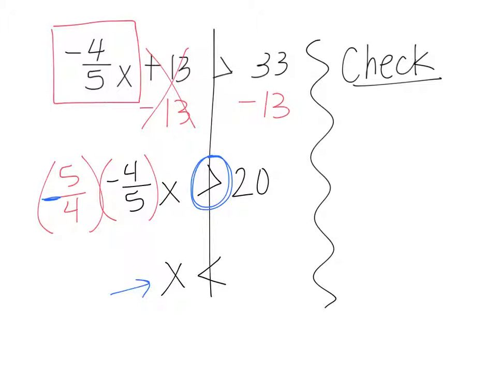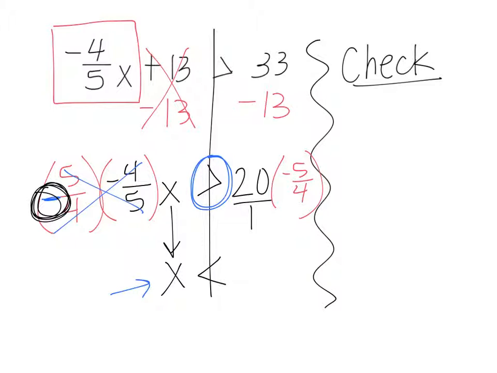So we do the same thing to the other side, times negative 5/4. Our fractions all cancel out over here. Our x is brought down like we already did because I multiplied by this negative right here. That's what caused my inequality symbol to flip. But remember, I already did that at the beginning so I wouldn't forget.